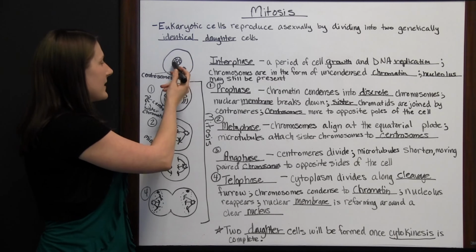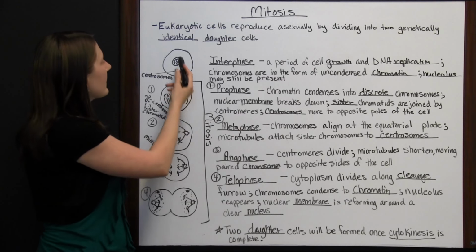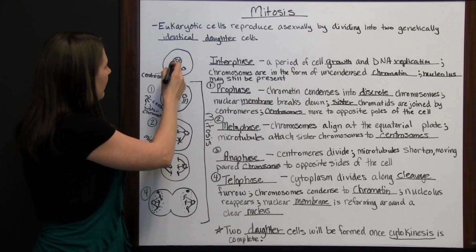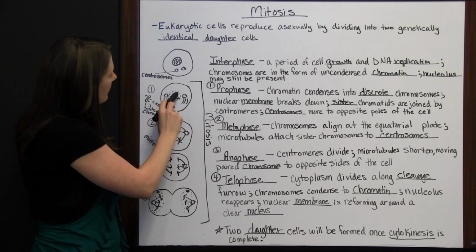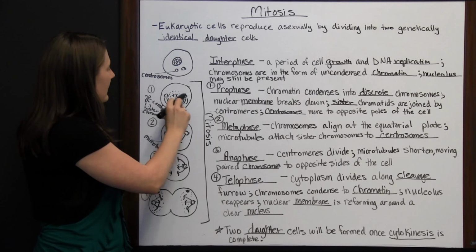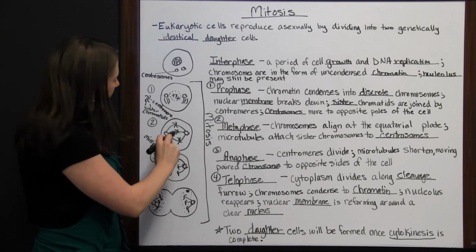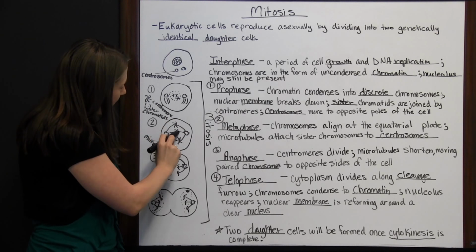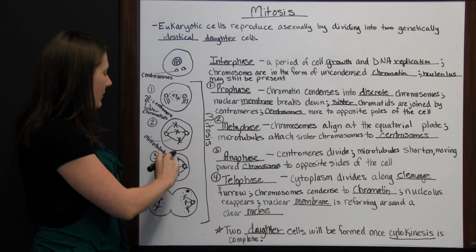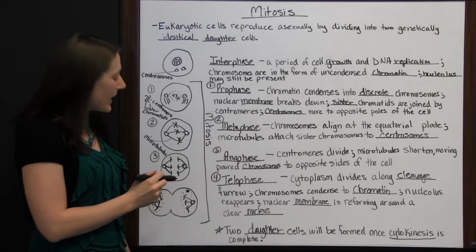So it starts off with this uncondensed DNA, this uncondensed chromatin, genetic material. The chromosomes form little pairs, and the centrosomes come to either side. The centrosomes attach to the centromeres with microtubules, and those chromosomes line up along the equatorial plate.